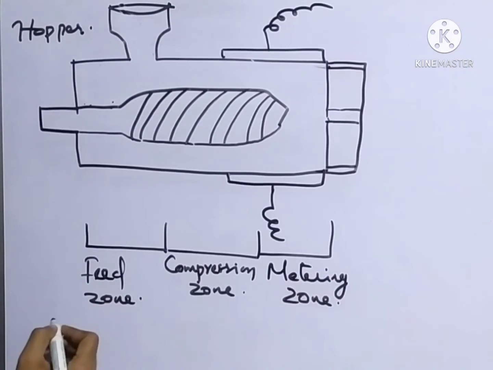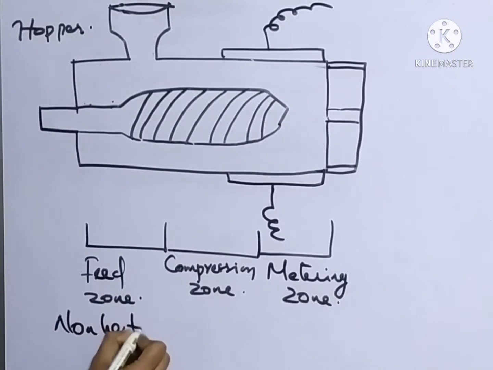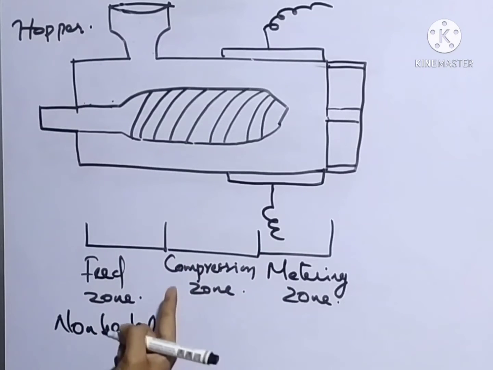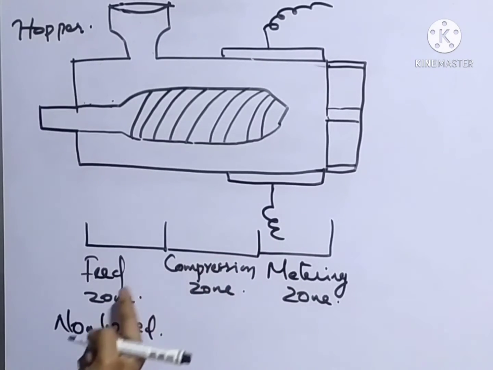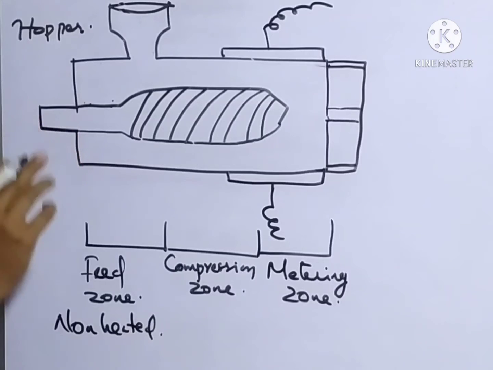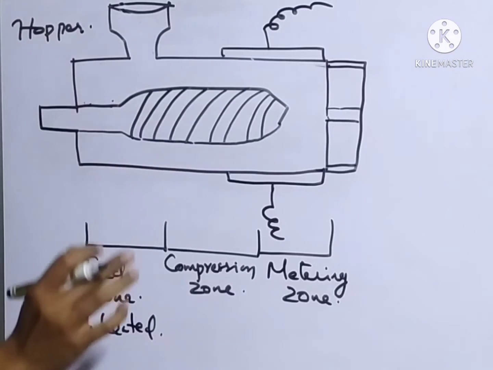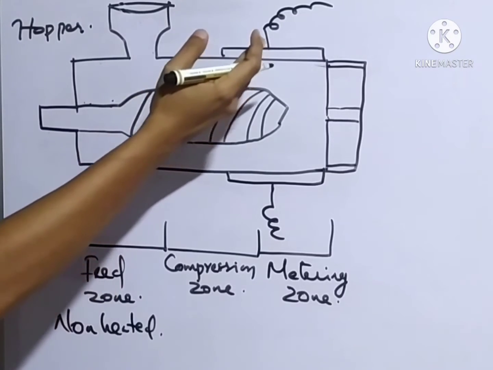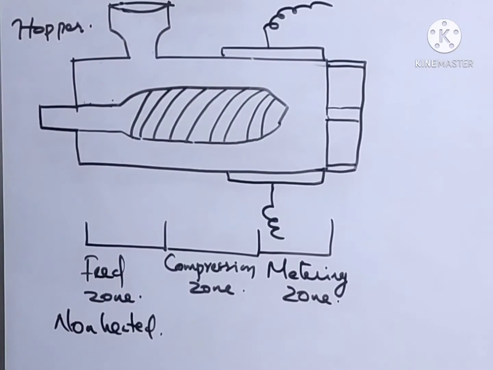The feed region is a non-heated region, and the 2 other zones, that is the compression zone and the metering zone, are the zones in which the heating process occurs. The heating process of this instrument is done by 2 different methods. One is directly by the heating element.